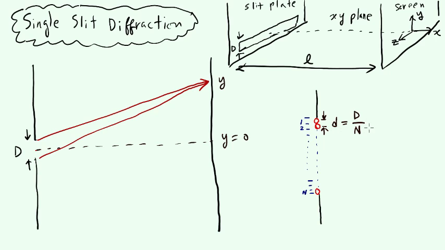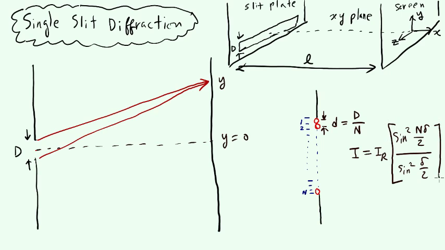So we got small d expressed like that, and the number of slits is capital N, and we can use I equals I_R sine square N delta over 2 divided by sine square delta over 2. Now note that delta is k d sine theta.